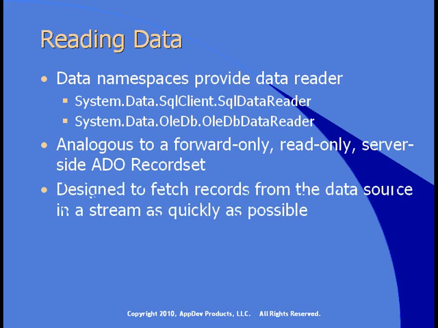And this class, the data reader, is designed to fetch records from the data source as quickly as possible in a stream, handing you one at a time. Now, it's important to realize the data isn't cached except for a single row on the client side. So using a data reader, you'll always get a row, work with it, move on to the next row, and never go back to the previous row unless you write some code to store that data somewhere.